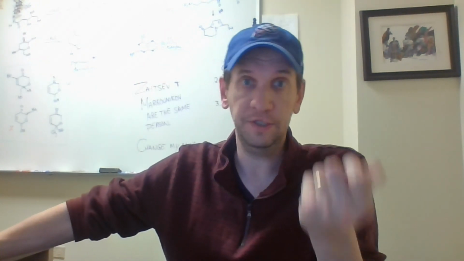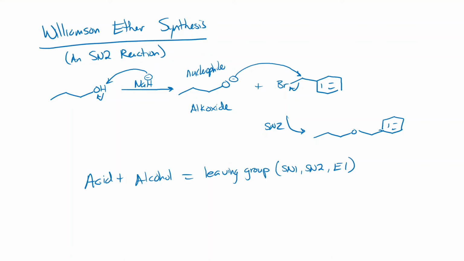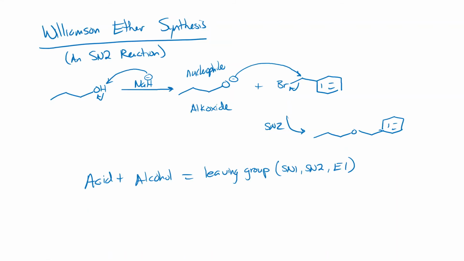Notice that there's no E2 on this list because what do we need for an E2 reaction to take place? We need a strong base. And we can't have a strong base and an acid in the same reaction. You'll get the acid reacting with the base and then you just have nothing going on, right? So if you have an alcohol plus an acid, we can't do E2, but we can do any of the others. We can do SN1, we can do SN2, and we can do E1 if we want to do a dehydration.